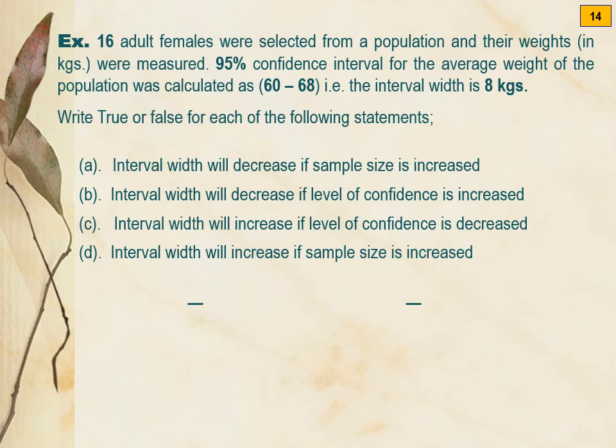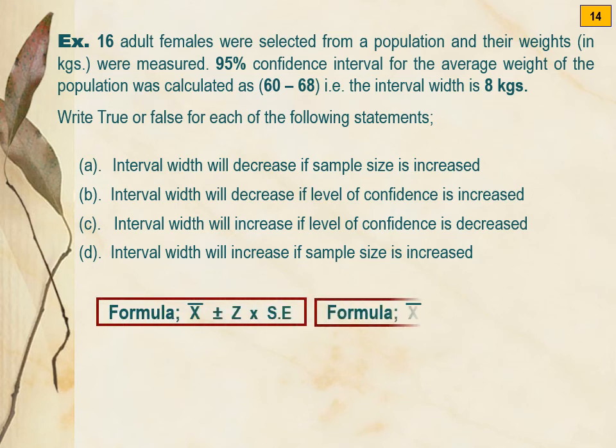Interval width will decrease if sample size is increased. If you write the formula, that will help you decide whether that statement is true or false. The formula is x bar plus minus ZSE. Because SD is given to you, better you write the SD: x bar plus minus Z into SD upon under root n.